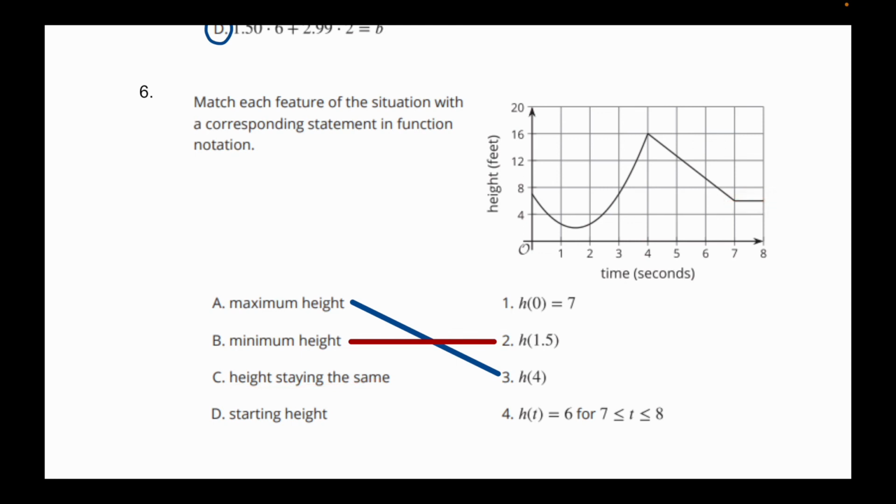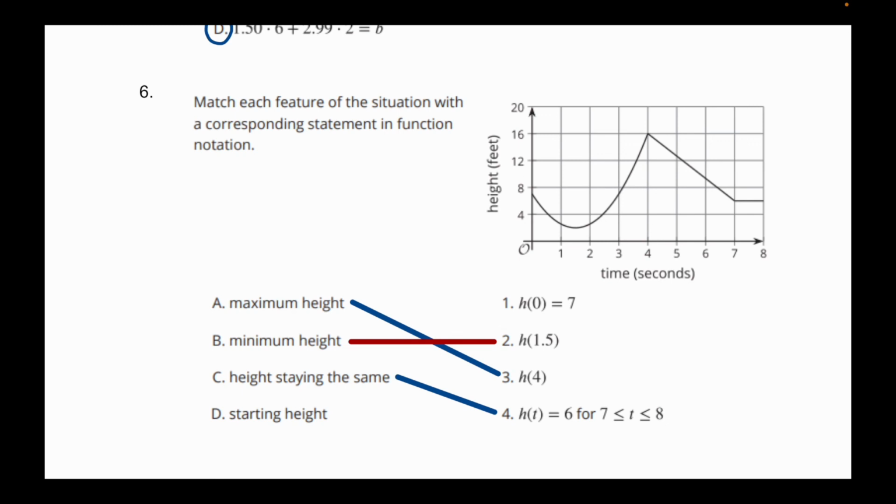And so that would be between 7 and 8 seconds, where that value is like 6. Oh, yep, that's going to be this one down here. Height staying the same is going to be 4, because that says the value is 6 for any time between 7 and 8, so that makes sense.